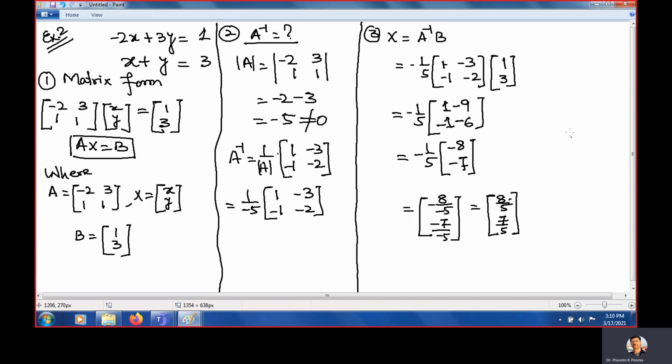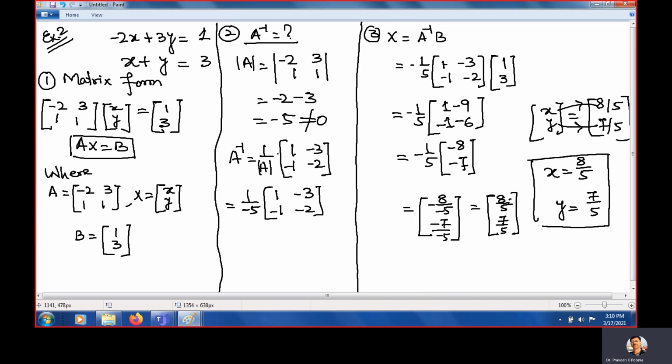So what are the answers? x, y equals to 8 divide 5, 7 divide 5. Now this is x, this is y. So x equals to 8 divide 5 and y equals to 7 divide 5. These are the values of x and y.